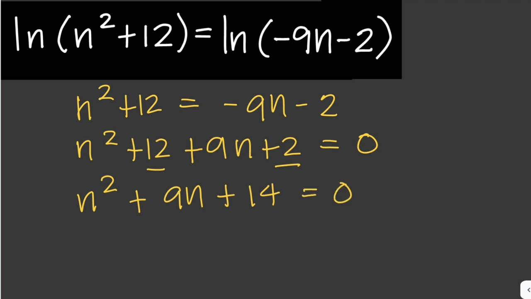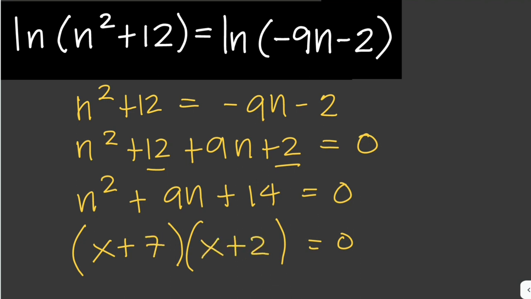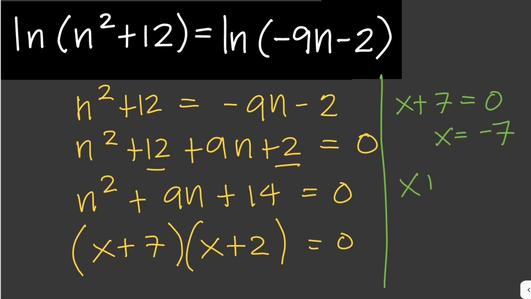Now we can factor this quadratic equation. So the factors of 14 would be 7 and 2. So we can write this as (n plus 7) times (n plus 2). So the values of our n here would be negative 7, and the other one would be negative 2.